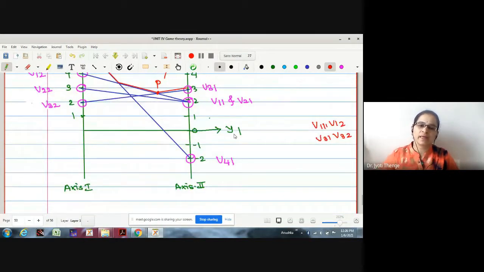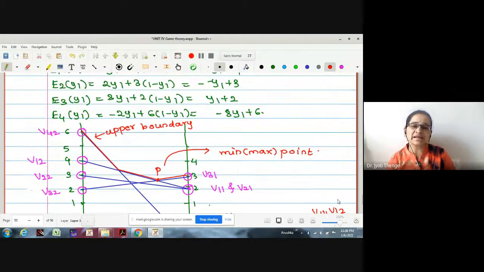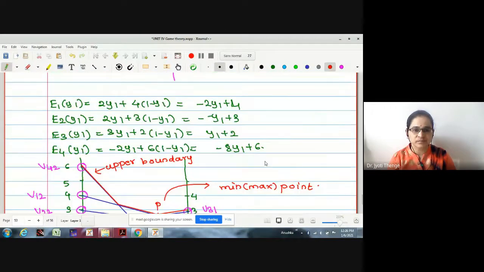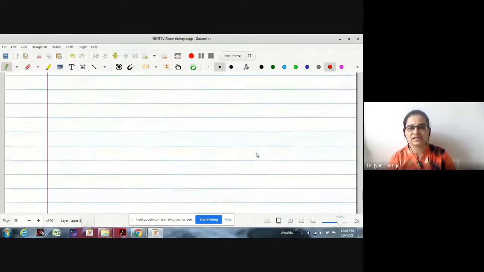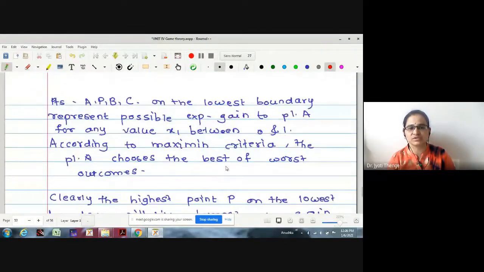So P is the intersection of the first and third row. Therefore, what is my reduced matrix? I will not write this explanation as I have written it in the previous example. You just write: this is the lowest boundary, etc.